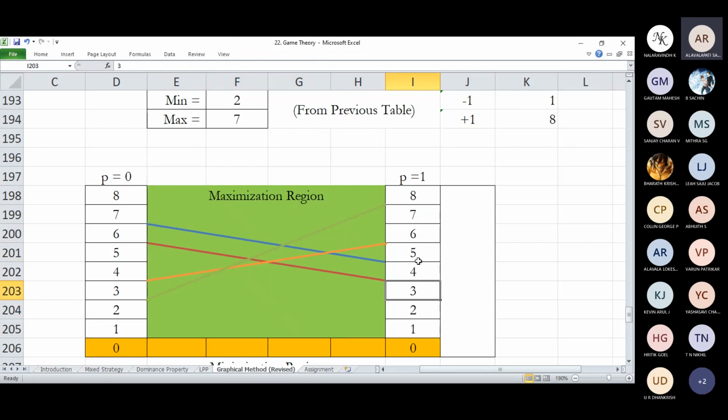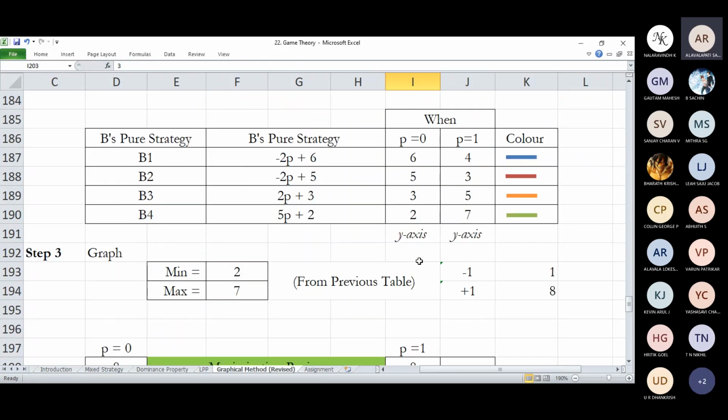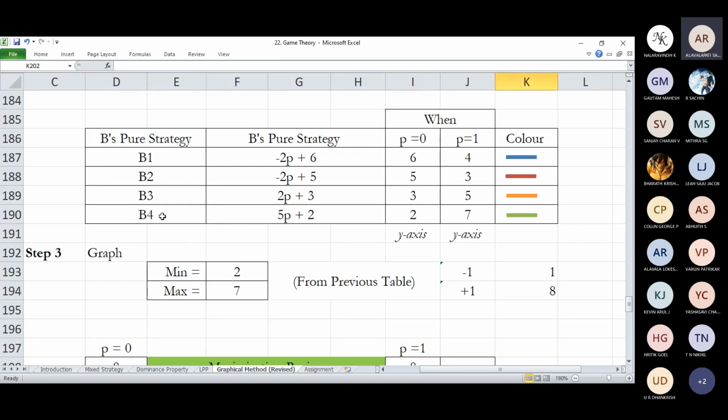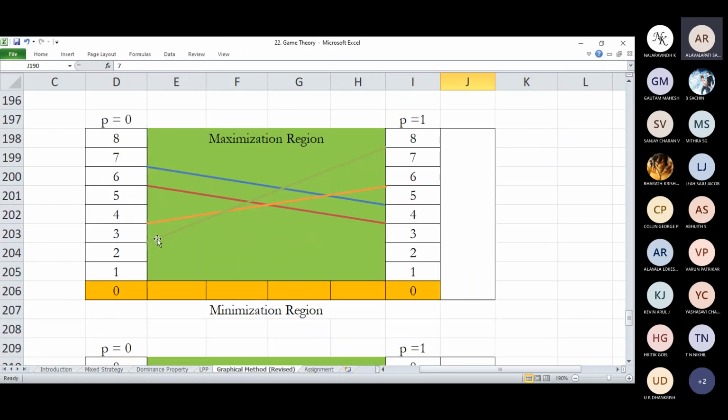And the next one, B3, is 3 and 5. So this is 3 and this is 5. Then B4 is 2 and 7.